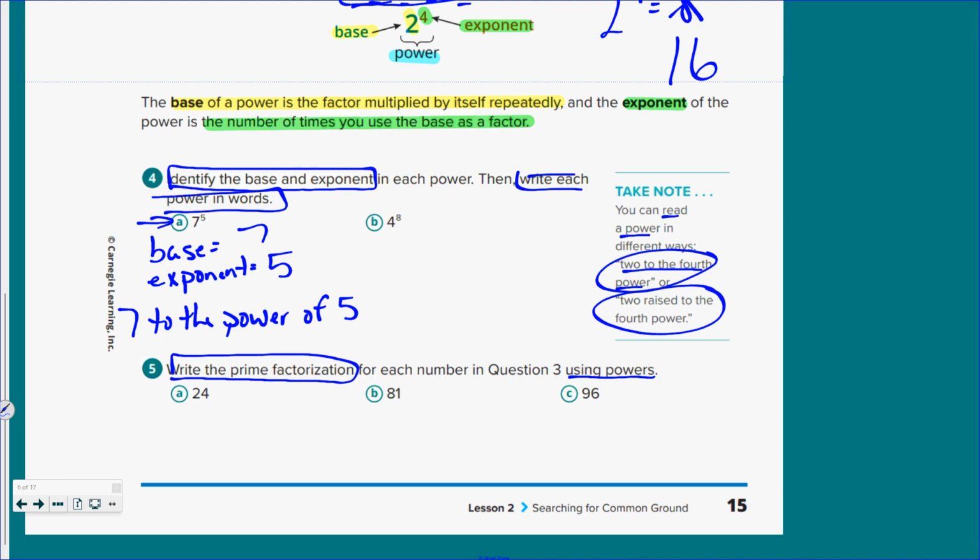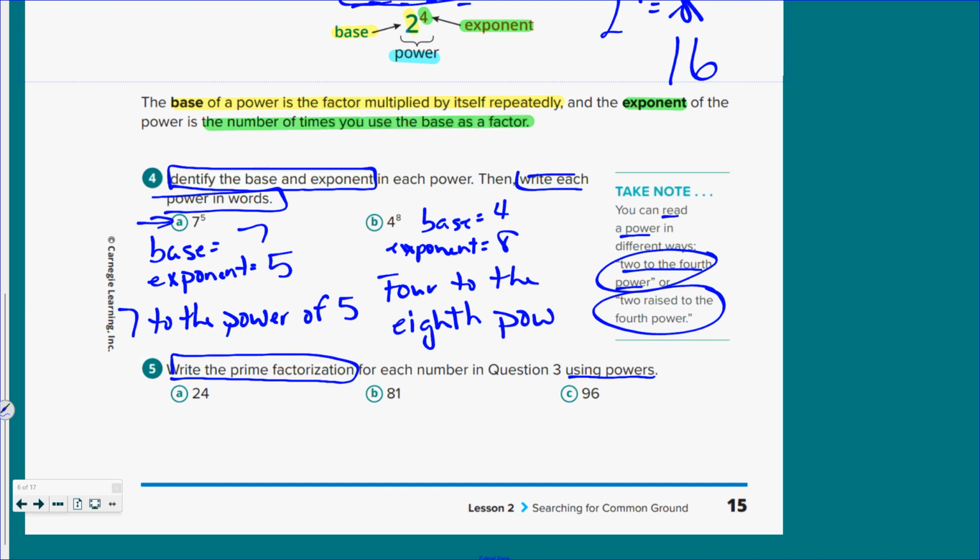Here, part B, my base is 4, my exponent is 8. Good. And I did a power of, so this time I'm going to say 4 to the power of 8. That's a fun word to spell. Power. Make sense?